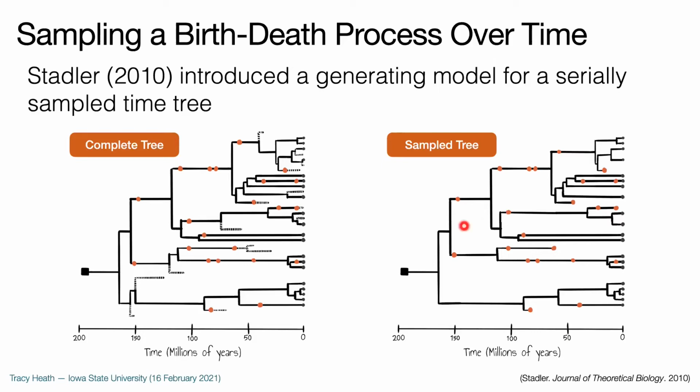So then we can calculate the probability of our sampled tree given that it comes from this complete process. Early on, this approach was used a lot more for serial sampled data sets of infectious diseases, but in our collaboration, we sought to use this for data sets comprising both fossil and extant species.